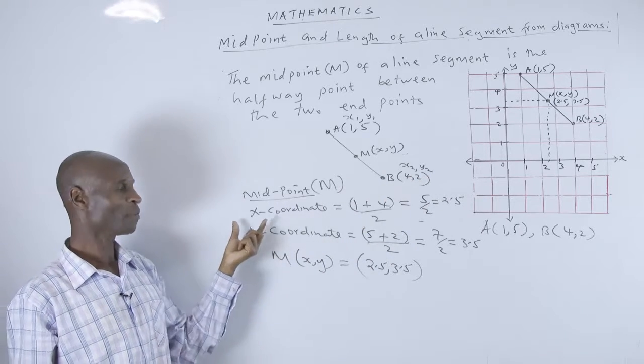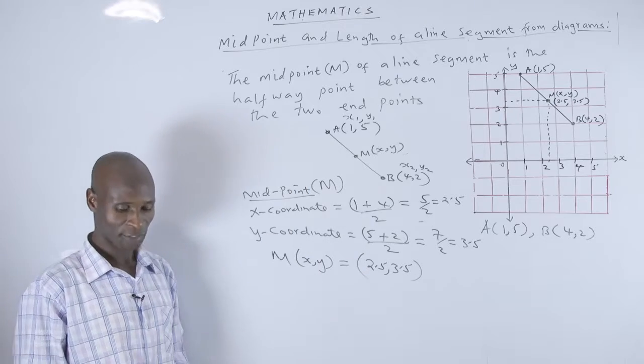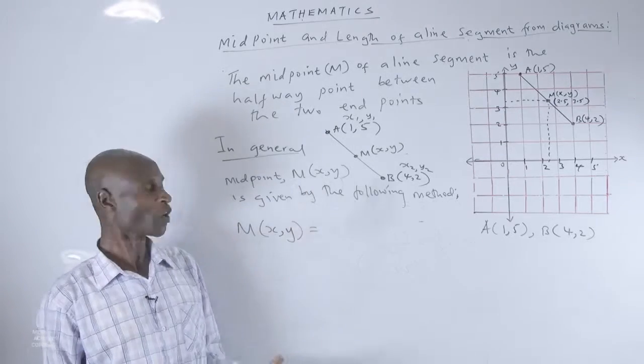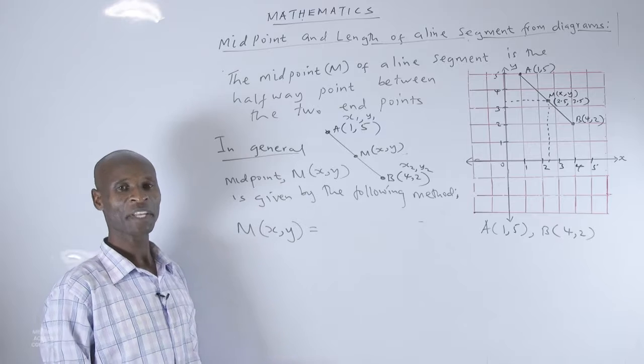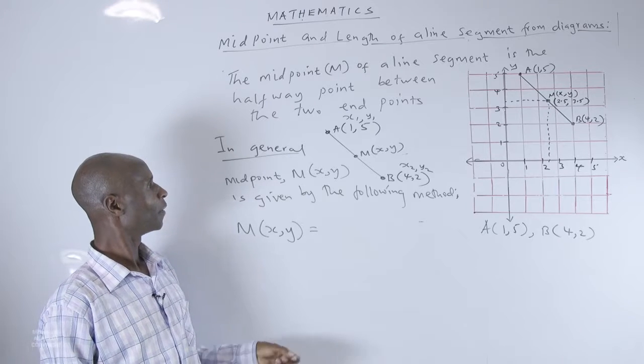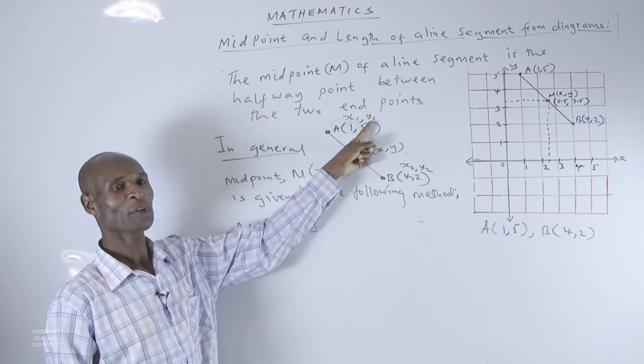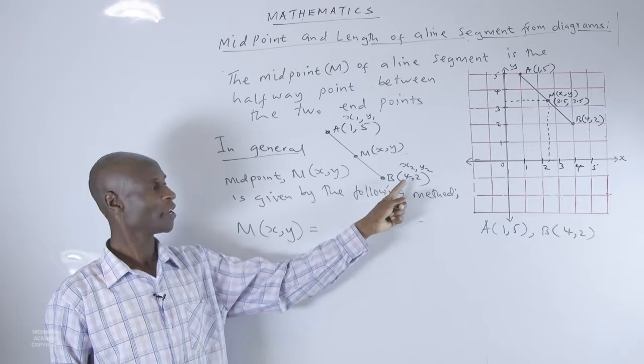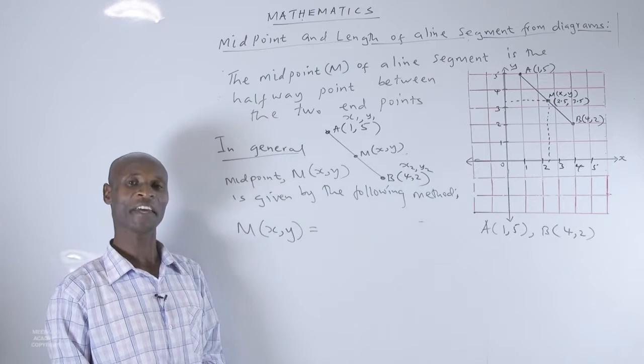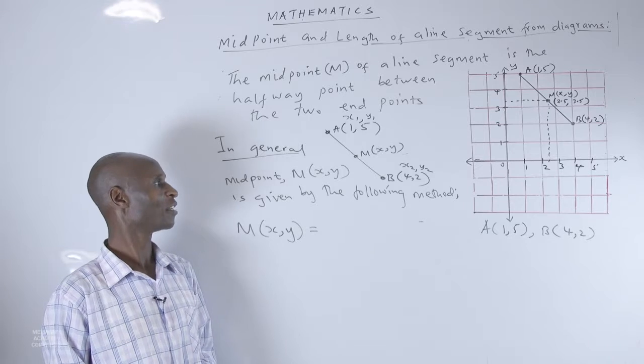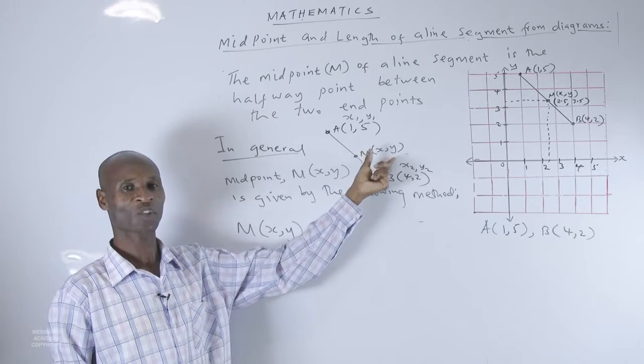How do we find the midpoint using the general case? In general, to determine the midpoint of a point A, x1, y1, and a point B, x2, y2, those are the endpoints of that line segment, and the midpoint M is x, y.